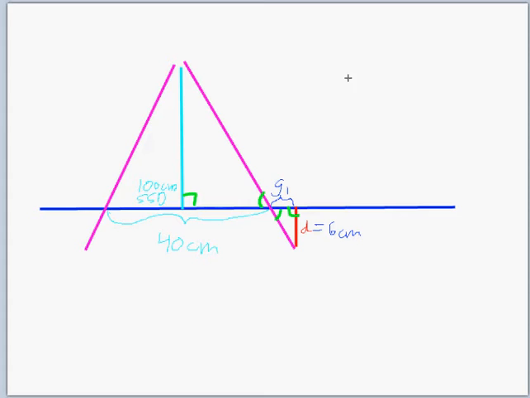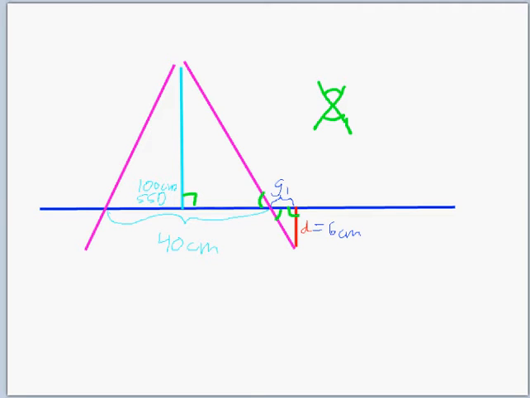Anytime you have two lines that cross, if these are straight lines, mine aren't too straight, this angle and this angle are the same, as well as this angle and that angle. That's just something from high school geometry. Hopefully you remember.